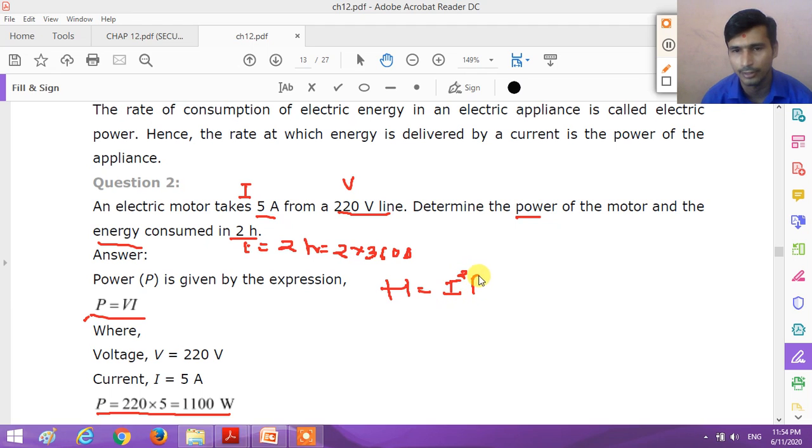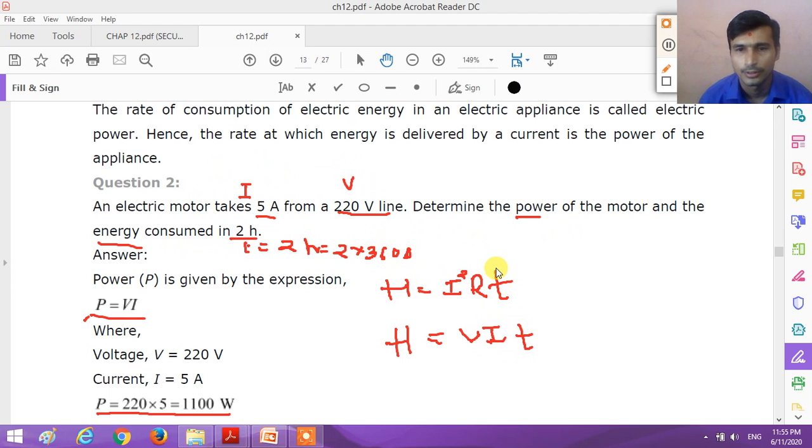So calculate the energy consumed by the electric motor by the formula I square R into T, or we use the formula H is equal to V into I into T. Take this formula because here V is given to you, 220, I is given to you, 5 ampere, and T is given to you, 2 into 3600.